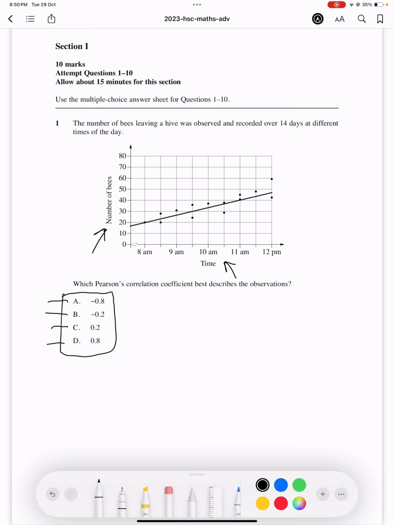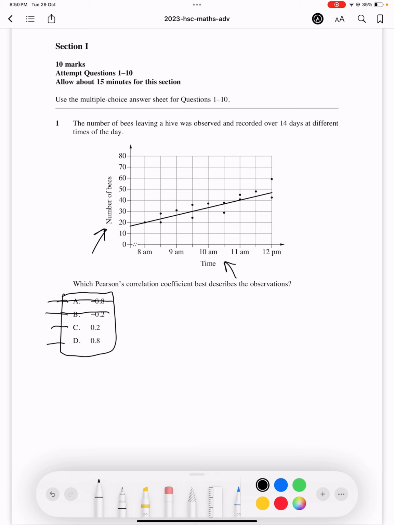So just by knowing that, we have automatically ruled out answer option A and answer option B. And just by doing that, we have increased our chance of getting this question right from 25% to 50%. So let's look at the remaining options. We've got an answer option of 0.2 and 0.8.